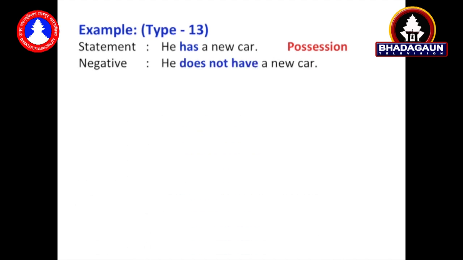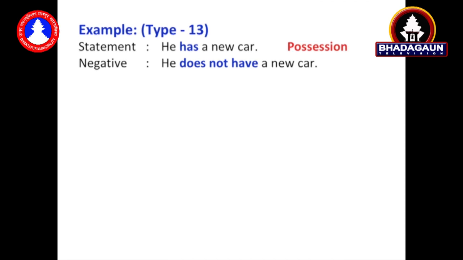He does not have a new car, and does is used here to make it negative. So has is simple present and singular, so we use do verb here, and its negative is does not have.